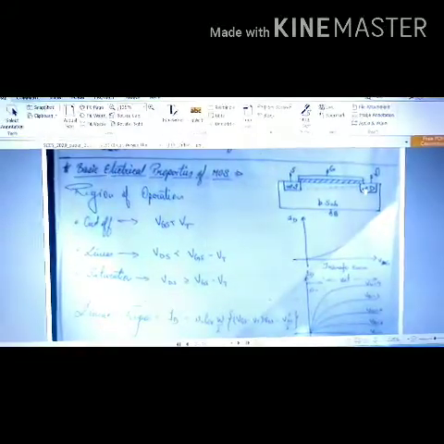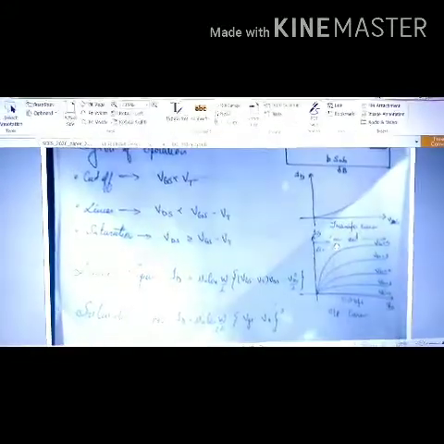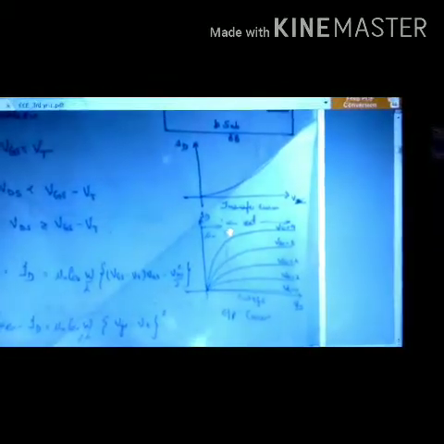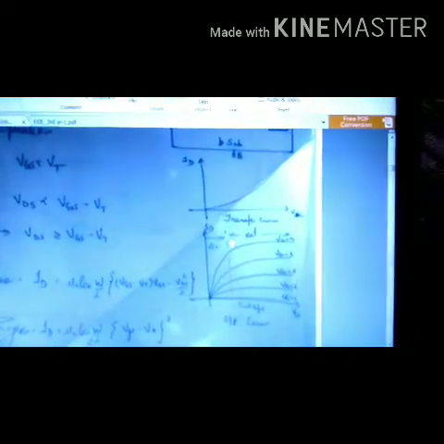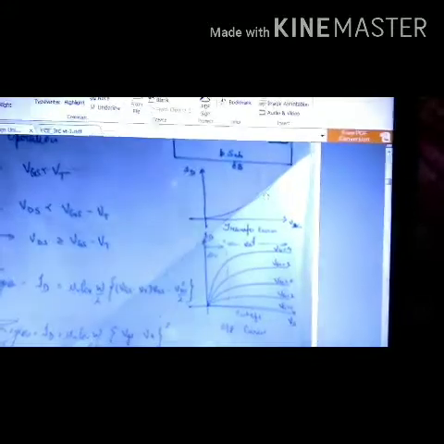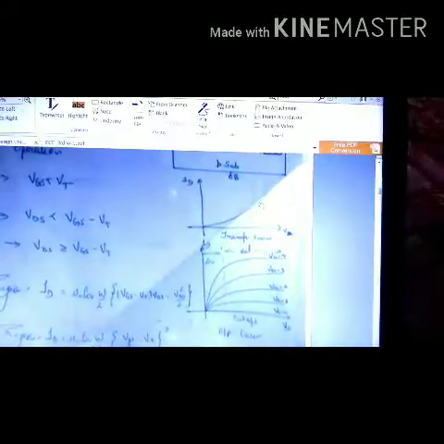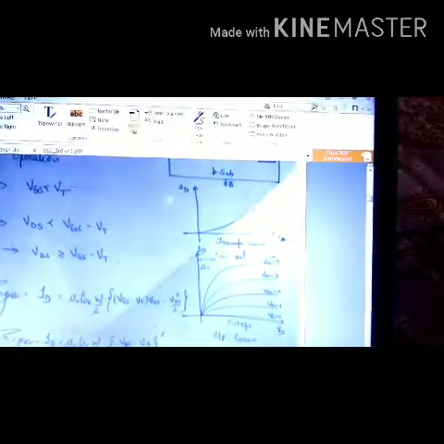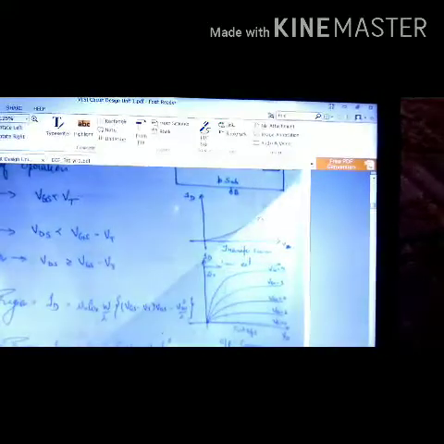Now here are the two curves, the transfer curve and the output curve, for this MOSFET. We can see the transfer curve is very straightforward, between VG and ID. That is, the gate voltage is taken as the input voltage, and the drain current is taken as the output.